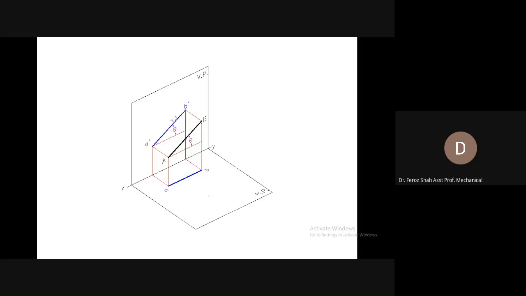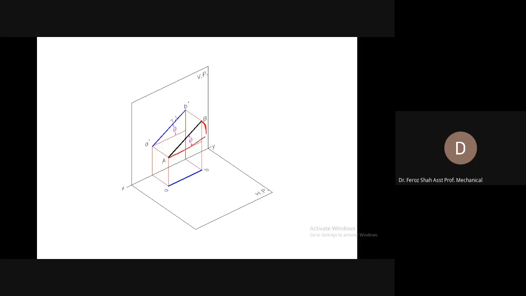Or if you decrease the theta by moving end B towards the horizontal plane, or reducing the distance of end B relative to end A from the horizontal plane, you can see to this position now.